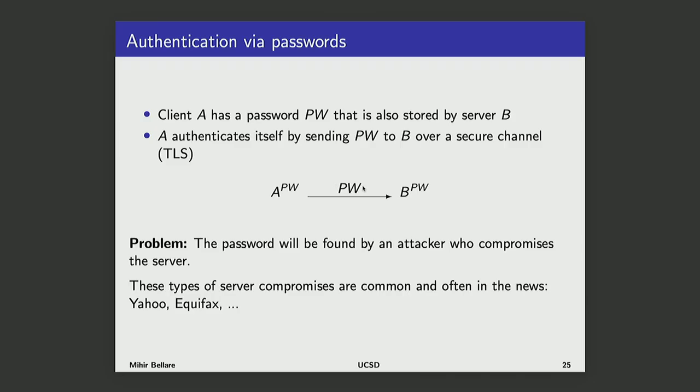Obviously, you wouldn't want to do that in the clear, so you would flow it over a secure channel like TLS. And then the idea is that the server will verify, because it has a stored copy of your password, that this matches, and if so, then you're authenticated. So that would be the naive way of doing it.